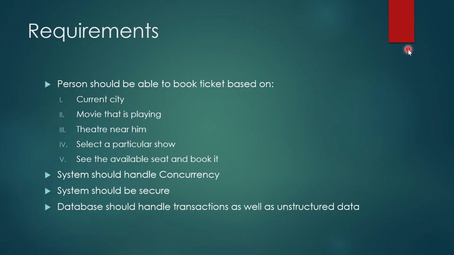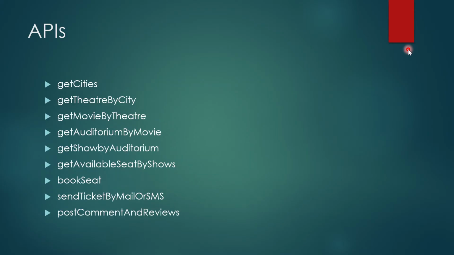And also you will have some unstructured data like people posting comments, reviews, and a short note about the movie, all those kinds of things. So you need a database which can handle both of these kinds of scenarios. We'll learn about which databases you can use for this system.